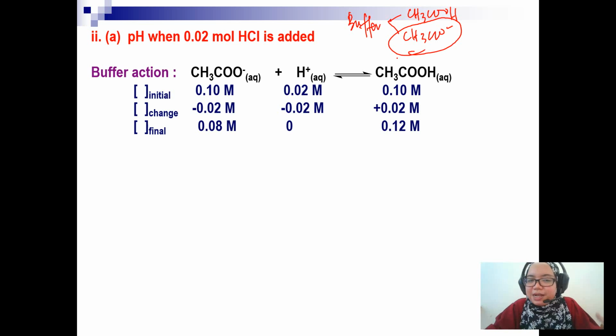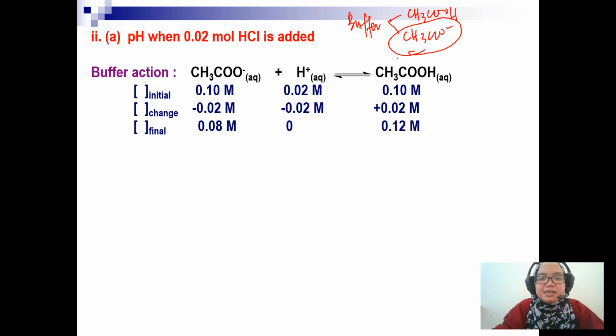However, if the question does not state the assumption that when you add acid or base the volume does not change, for example like our tutorial question, which does not mention that assumption, then we have to use the ICF table in mole. That means you have to find the number of mole of the reacting species.